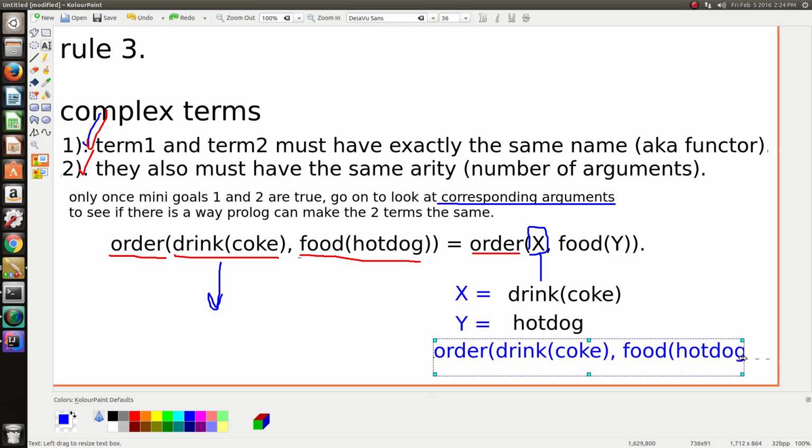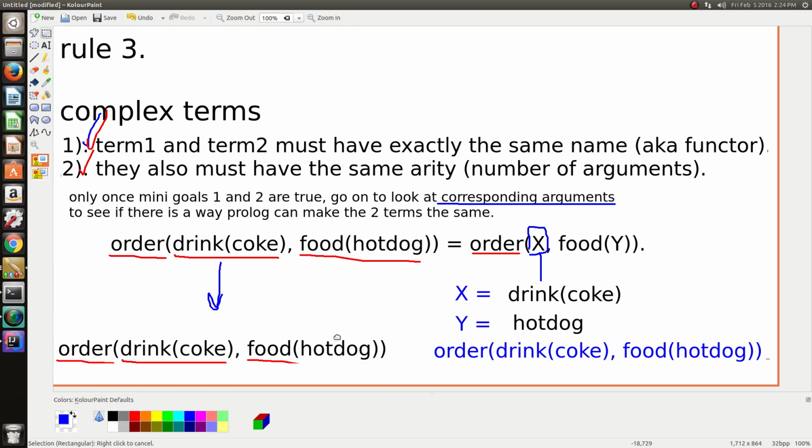So if you just look back on what we've just done, then you can see that the left hand side and the right hand side are now the same because the left hand side hasn't changed, and on the right hand side we've filled in the substitutions, so now they're equal. So Prolog's happy now, and now knows that these two terms are unified or equal with each other.